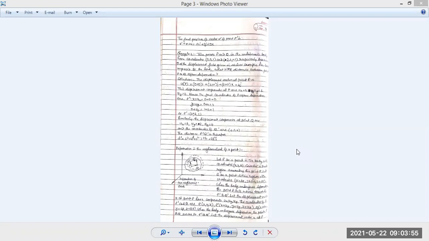Yesterday, we went through a few important points of strain analysis by vector calculus.